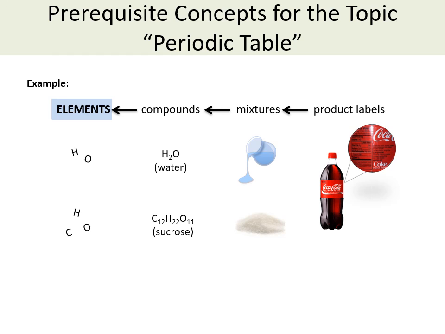And when this water is combined with another compound, it can form a mixture. Next one is hydrogen, oxygen, and carbon. We have 12 carbon, 22 hydrogen, and 11 oxygen can form sucrose. This sucrose, if i-combine siya with another compound, it can form a mixture.